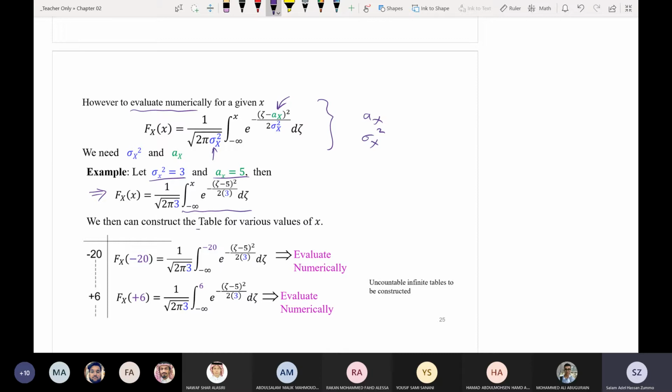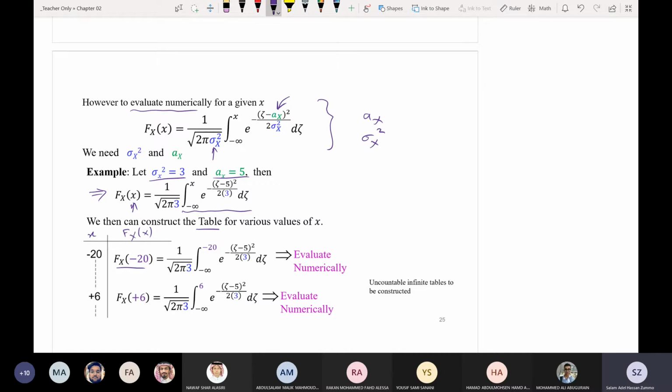And we can construct a table for every x. So if x of minus 20, I can get you the value, right? This is fx of x, and this is x. So for different value of x, I can calculate fx of x.